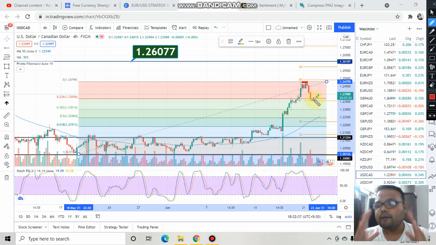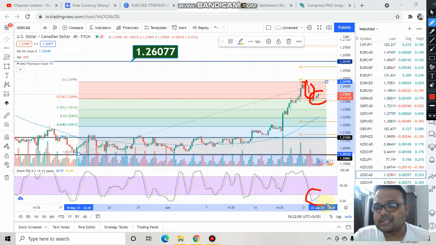Generally in an uptrend or bullish market, the market only goes for retracement. Considering the Fibonacci level also, we can consider the present status of the market as a retracement. Oh sorry, this was just a retracement, and right now the market is trying to go up again.